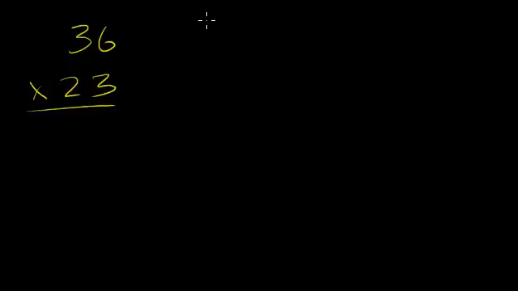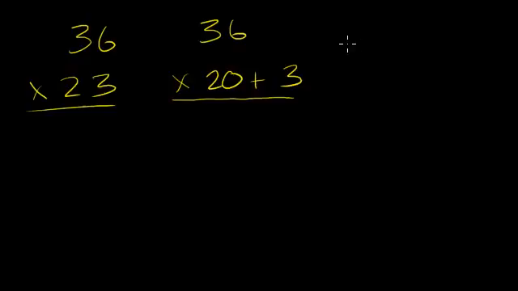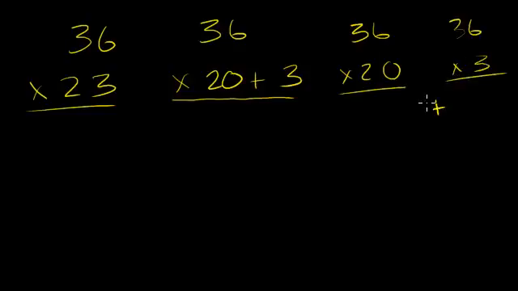We could have rewritten this as 36 times 20 plus 3. And I don't know if you've learned the distributive property yet, but this is just the distributive property. This is just the same thing as 36 times 20 plus 36 times 3. If that confuses you, then you don't have to worry about it. But if it doesn't, then this is good. It's actually teaching you something.